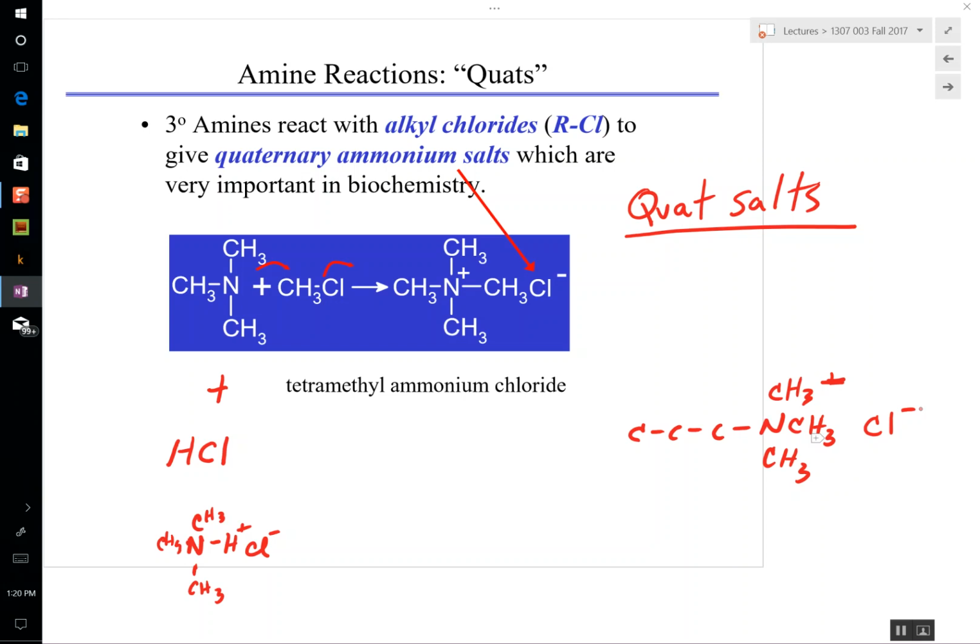And so he started playing around with these quat salts and applying them to the walls and the ceilings and all that sort of thing. And lo and behold, it really did cut down on the odors because it killed the bacteria. These quat salts will kill bacteria. So that ended up spawning, I mean, you think, oh, what about vet offices?